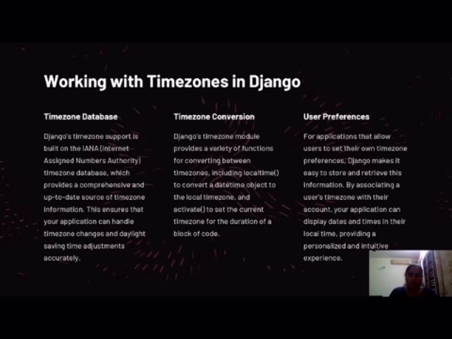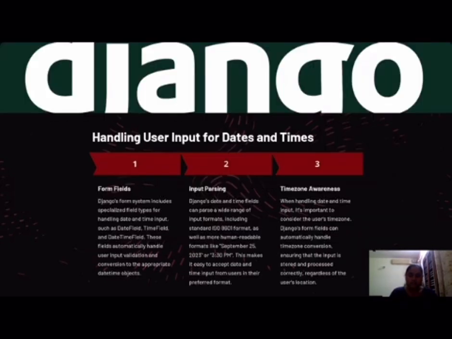Django's timezone module provides a variety of functions for converting between time zones, including localtime to convert a datetime object to the local time zone and activate to set the current time zone for the duration of a block of code. User preferences. For applications that allow users to set their own time zone preferences, Django makes it easy to store and retrieve this information. By associating a user's time zone with their account, your application can display date and time in their local time, providing a personalized and intuitive experience.